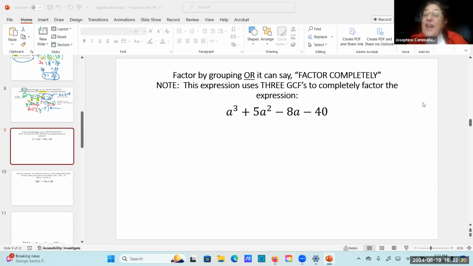What is one of the factors of this next set of polynomials? And I should say, of this polynomial. That's probably better English. What am I going to get? That's one of them, Caitlin.